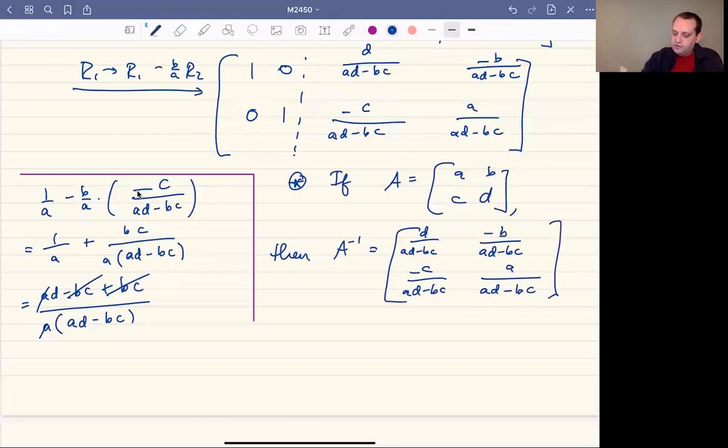And you can factor out, if you like, the 1 over AD minus BC, and you're left with D, negative B, negative C, A.